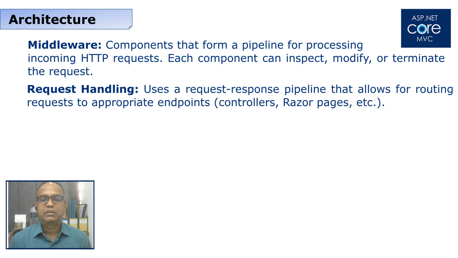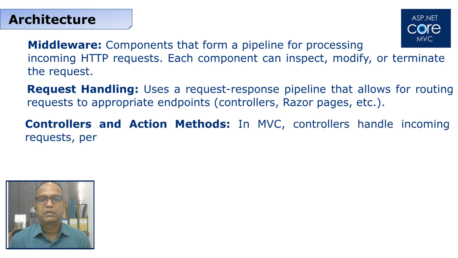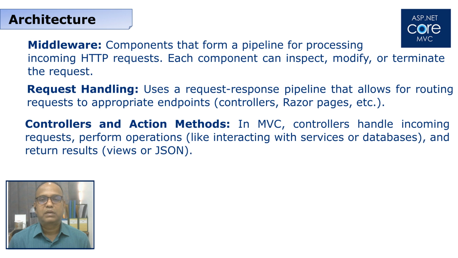Request handling uses a request-response pipeline that allows for routing requests to appropriate endpoints, controllers, Razor pages, etc. Controllers and action methods. In MVC, controllers handle incoming requests, perform operations like interacting with services or databases, and return results, views or JSON.